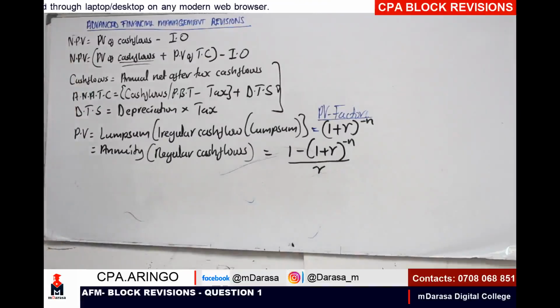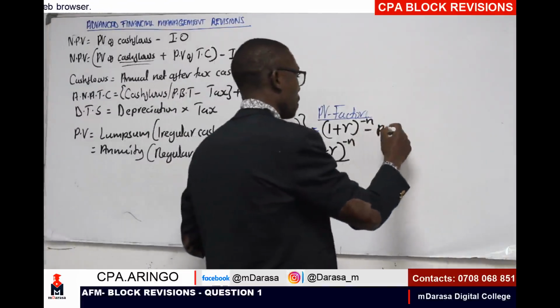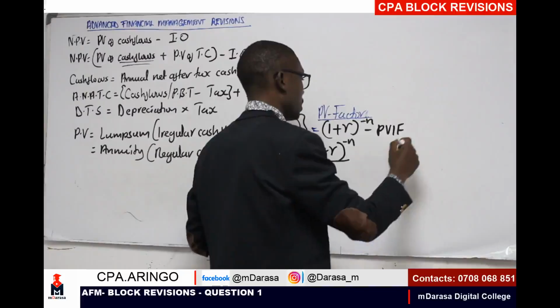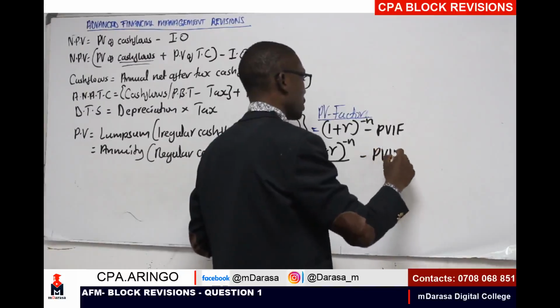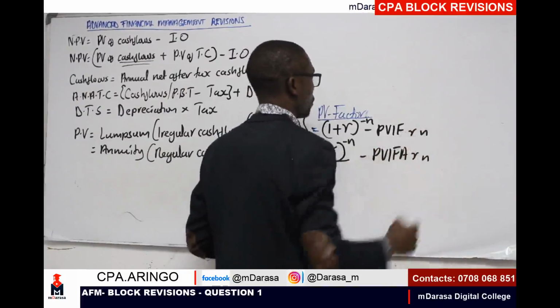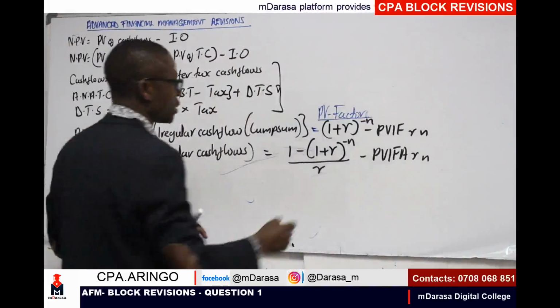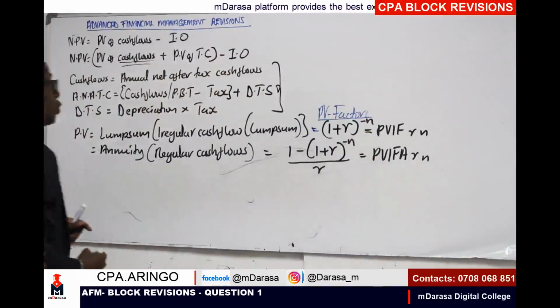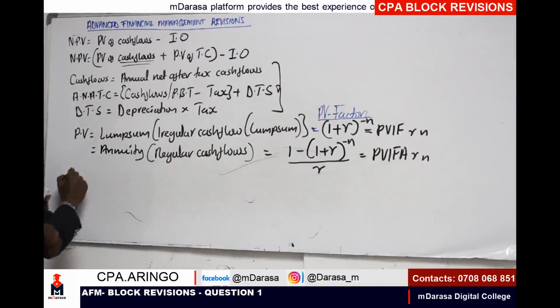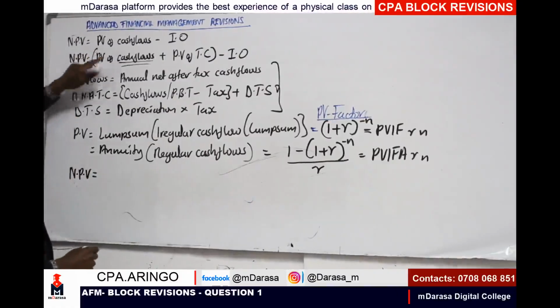Very, very important. So that is to say, for us to determine this, remember this is the present value interest factor, annuity, given rate and number of years. So if we were to determine my NPV, depending on the situation, I should be having present value for cash flows.